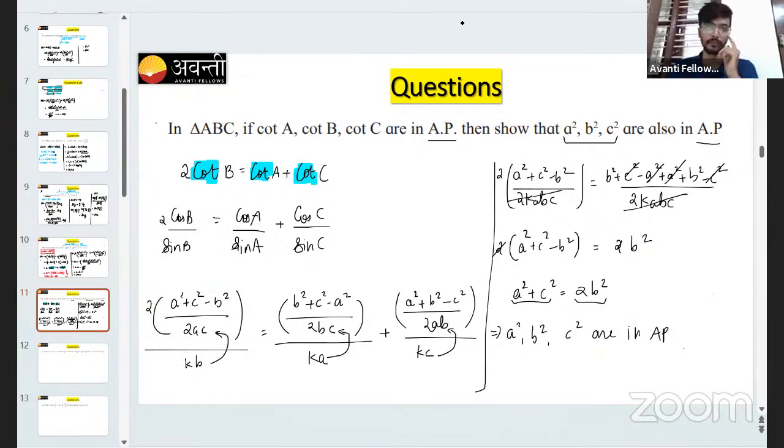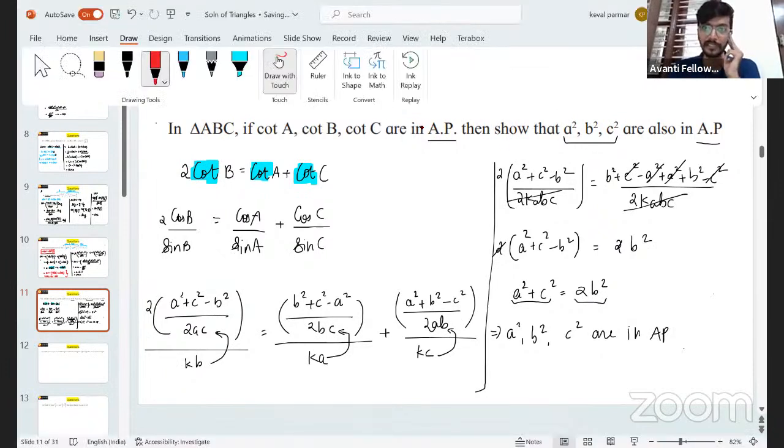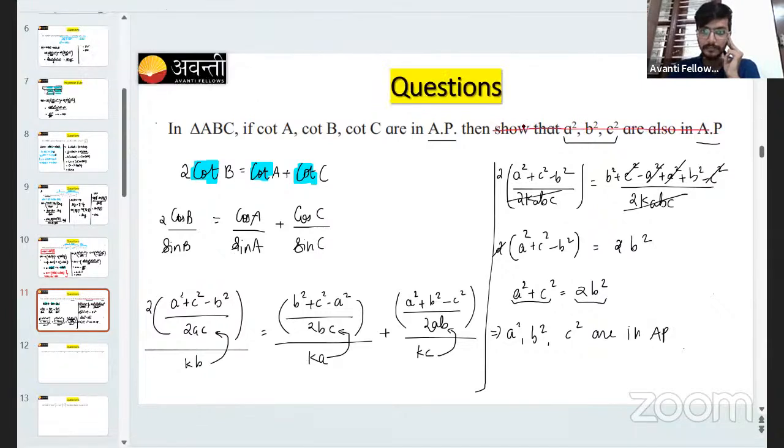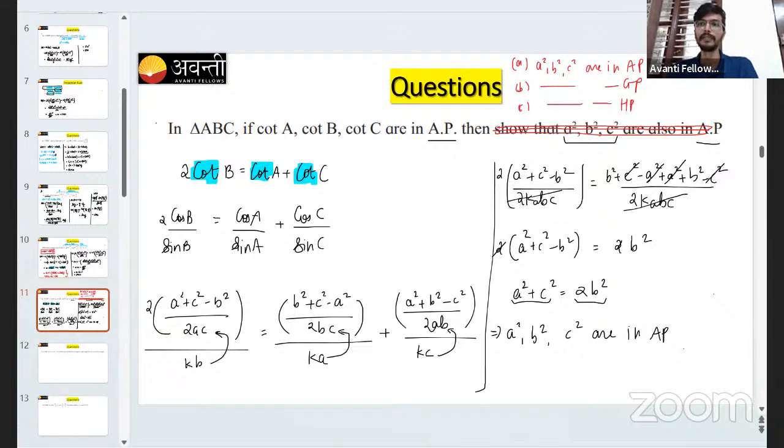Many of you must be curious how these prove-that type questions are asked in MCQs. So let me tell you, for this one question, they will remove this part, show that part, and they will give options like: first, A square, B square, C square are in AP; second, are in GP; third, are in HP; and D, none.